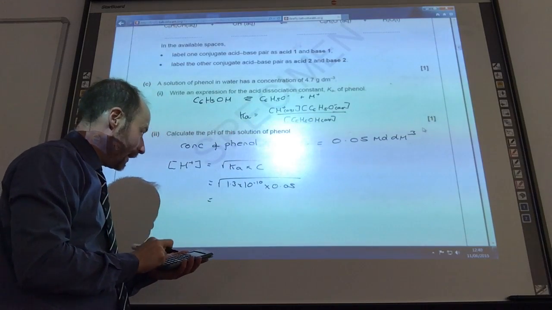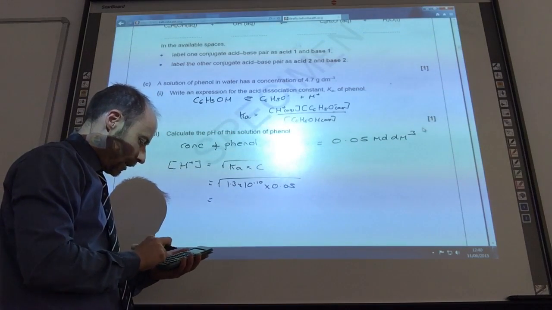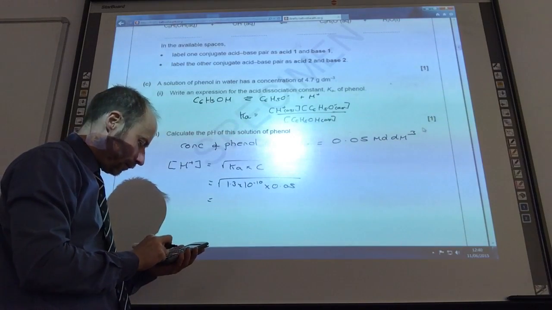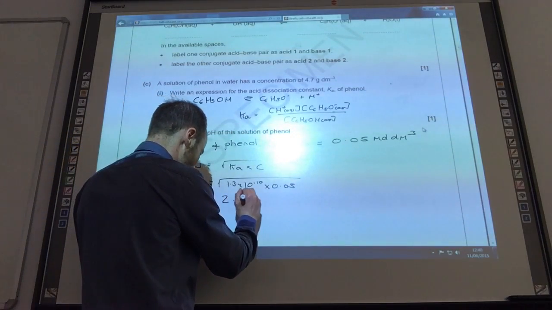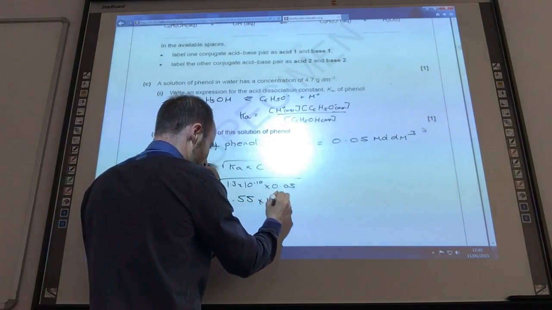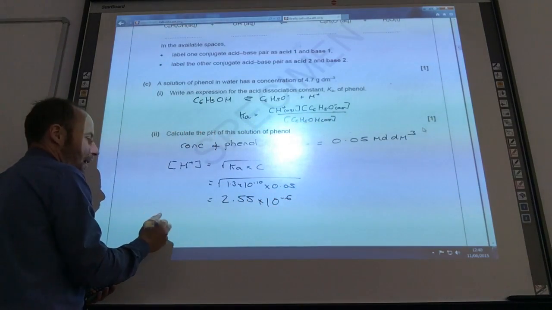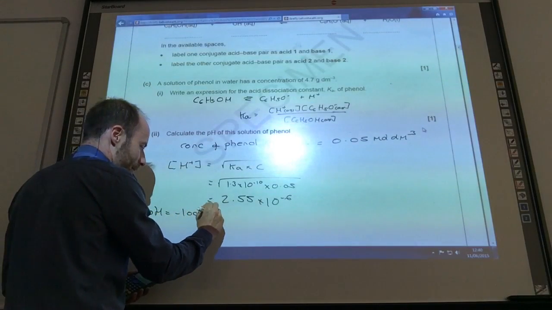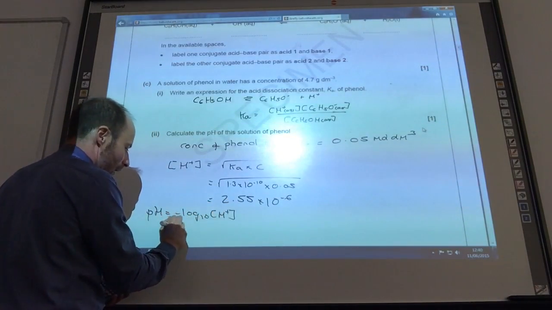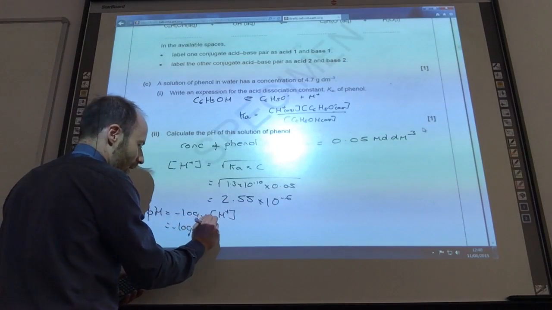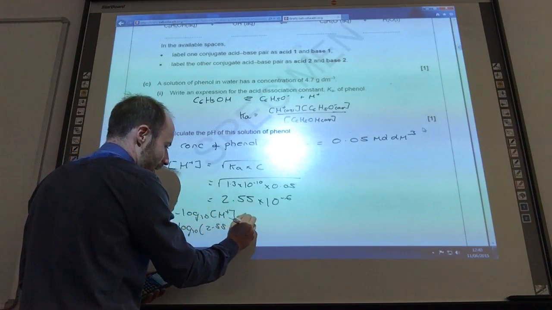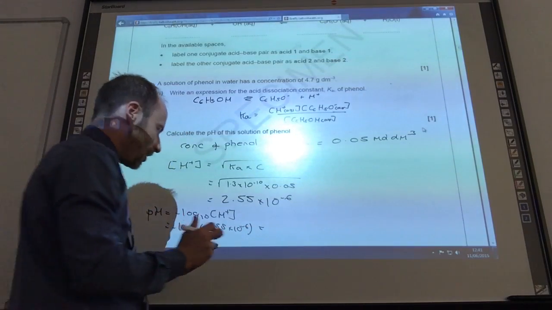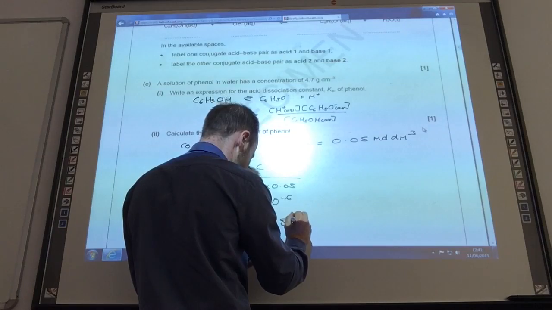So we just whiz that in, times 0.05, square root it. That gives me 2.55 times 10 to the minus 6. Now I can do that into my pH, which we all know. So it's minus log to the base 10 of 2.55 times 10 to the minus 6. Let's log that, change the sign. That makes it 5.59.